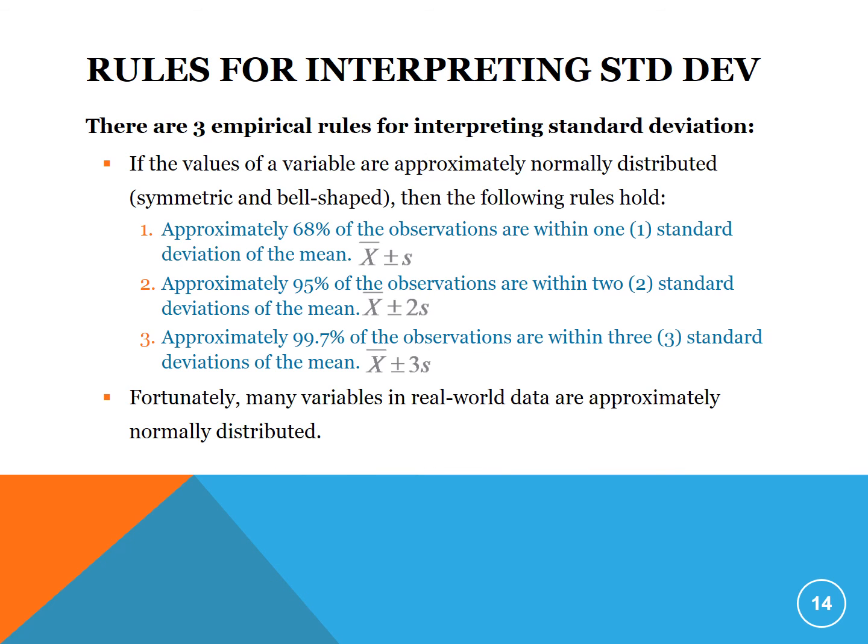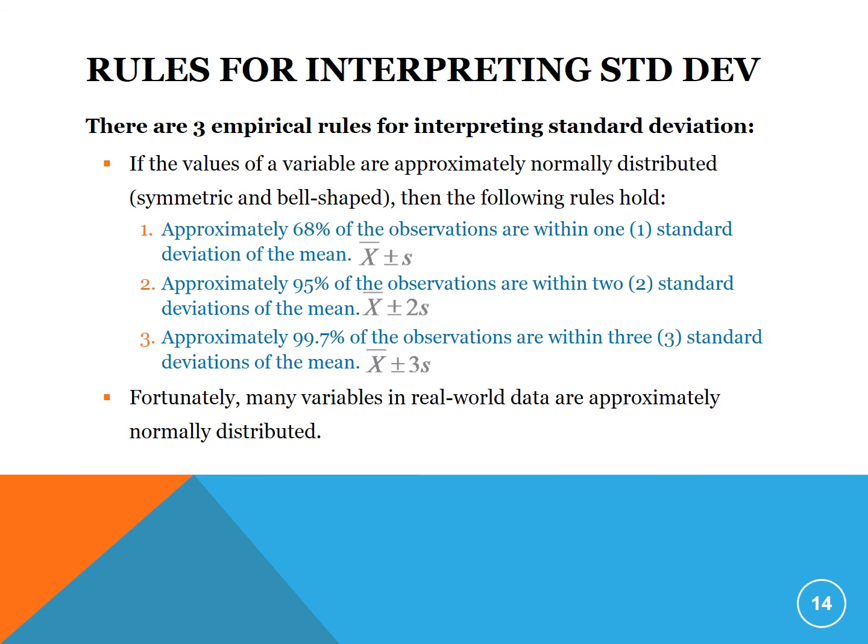Alright, so the rules for interpreting standard deviation. There are three empirical rules for interpreting standard deviation. If the values of a variable are approximately normally distributed, as we saw in the previous slide with the bell curve, that's what it's called, a bell curve, then the following rules hold.